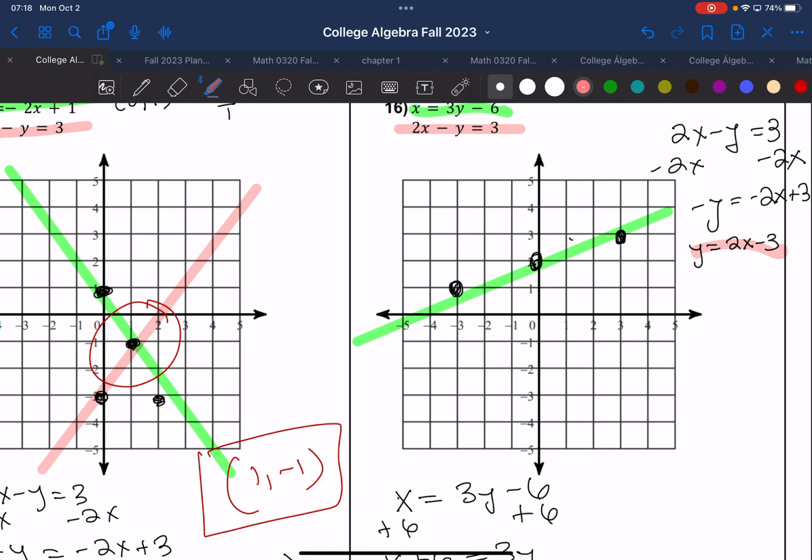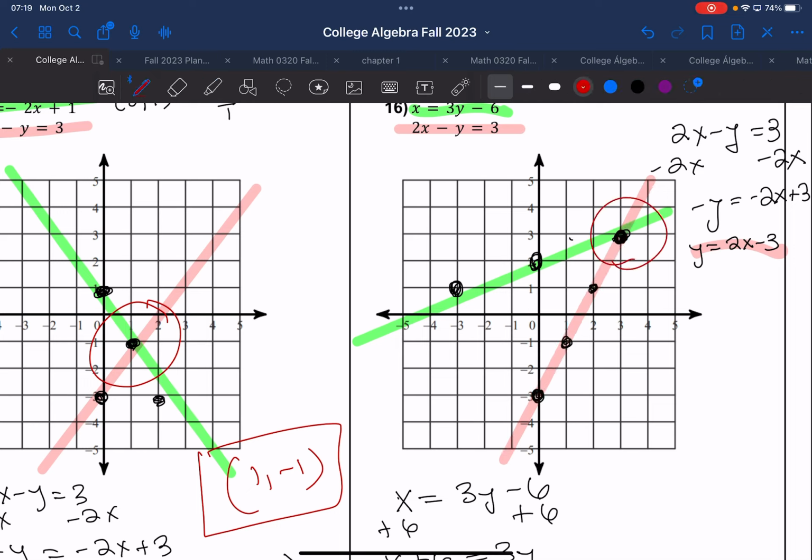So from that y equals 2x minus 3, what is my y-intercept? Yep, 0, negative 3. And my slope is telling me to go up 2, right 1. So I'm going to do that until I cross my other graph, which looks like I cross it at this point here.